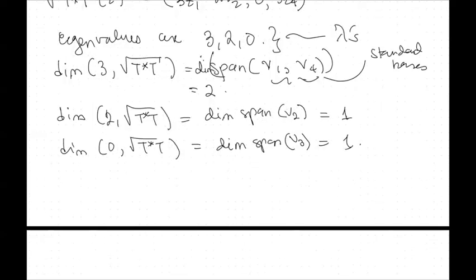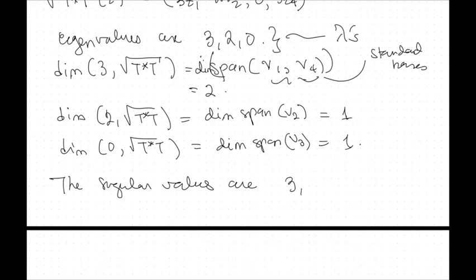So the singular values are 3, 3, 2, and 0: 3 twice, and 2 and 0 once each. Okay, that's it.